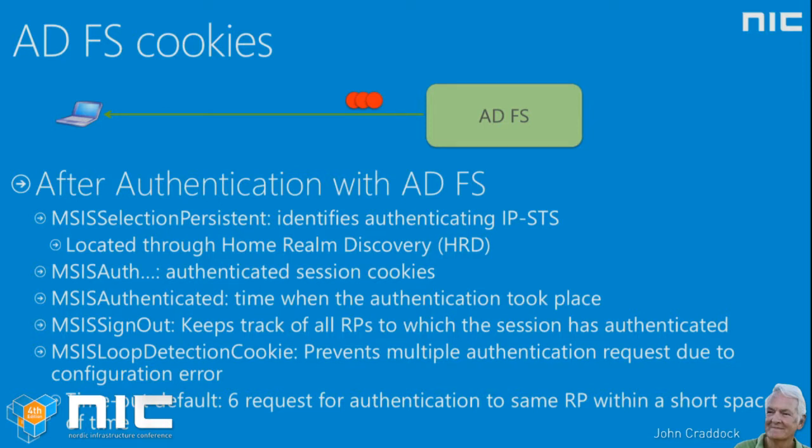So what can happen is, well, in fact, let's do it when it's working. Website, ADFS, website with the token, website again with the cookies that were set the first time, page back.